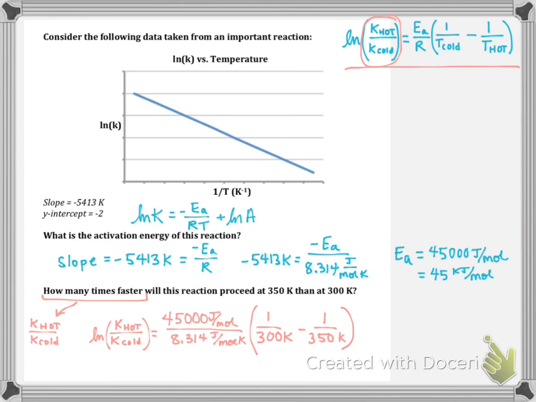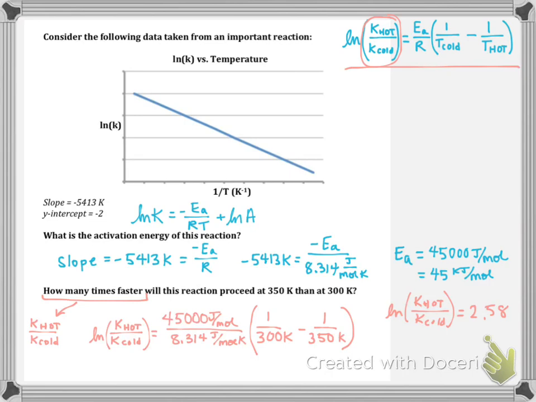Okay, so now we just have some multiplication division to do on the right. And we get that the natural log of k hot over k cold is equal to 2.58.